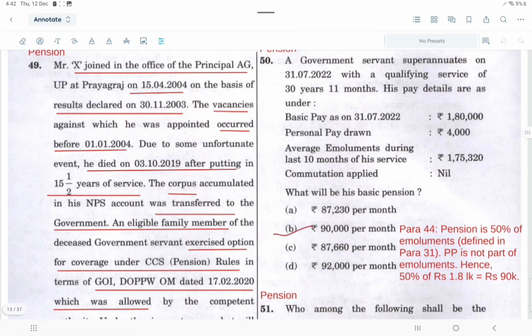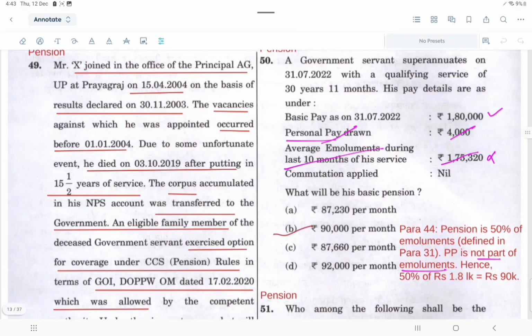Emoluments has been defined in para 31. Now it can be the last basic pay or the average of emoluments in last 10 months, whichever is beneficial. So clearly in this case, this is beneficial, this is not beneficial, so this will not be taken as emoluments. Commutation is nil, and personal pay is not part of emolument, so this will also not be considered for calculation.